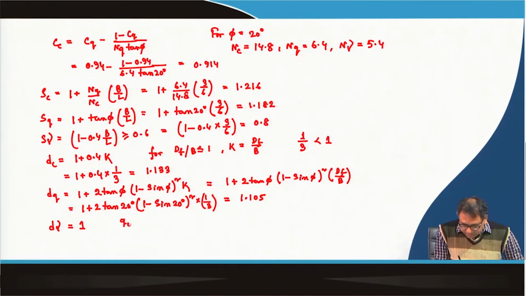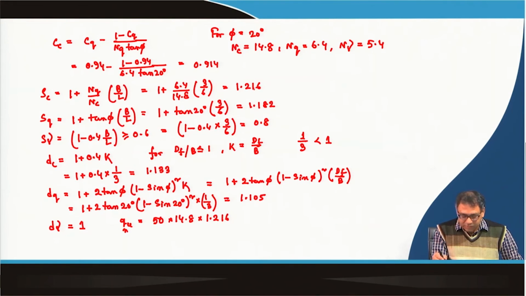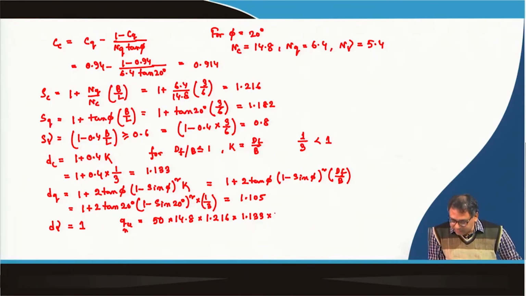So, finally, Q ultimate, or net ultimate, will be 50 into 14.8 into 1.216, because that is the Sc, then Dc is 1.133, then the inclination factor is 1, because all Ic, Iq, I gamma will be 1.